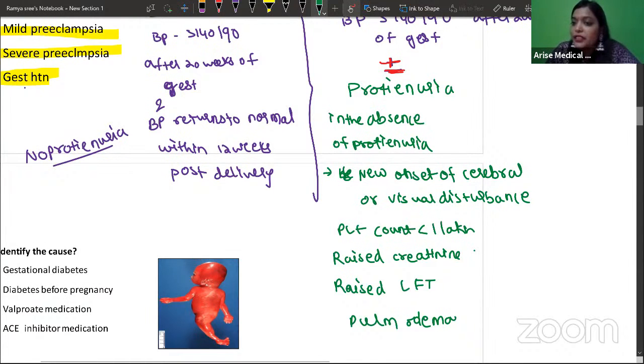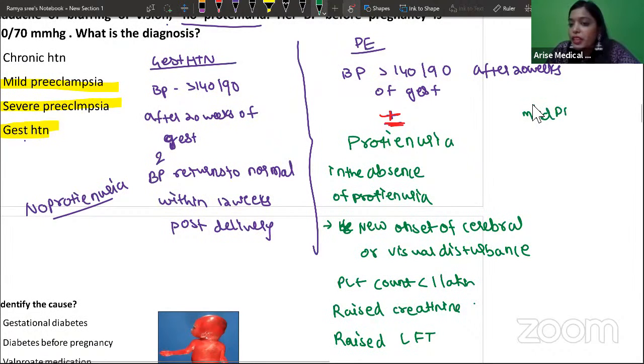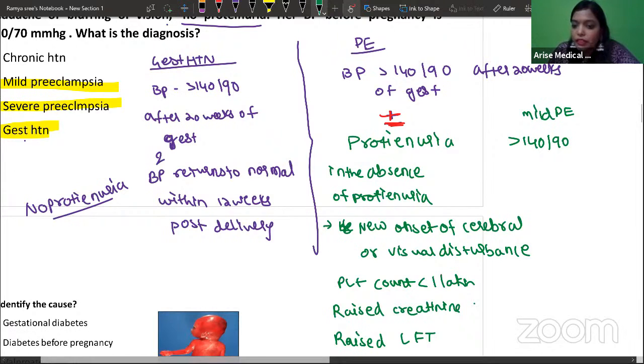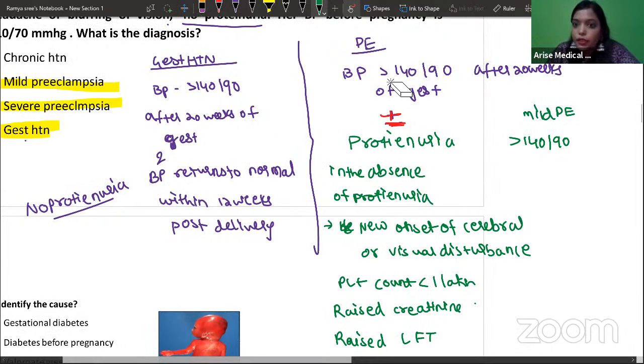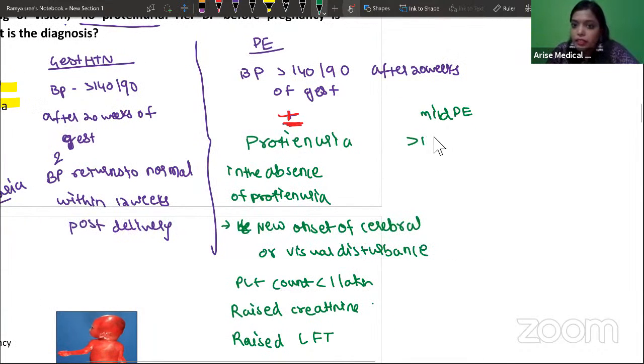We again have a classification of mild and severe preeclampsia. Mild preeclampsia is blood pressure more than 140/90. Sorry, it's not 140/90. It is usually 150/100. Severe preeclampsia is usually diastolic blood pressure more than 110.